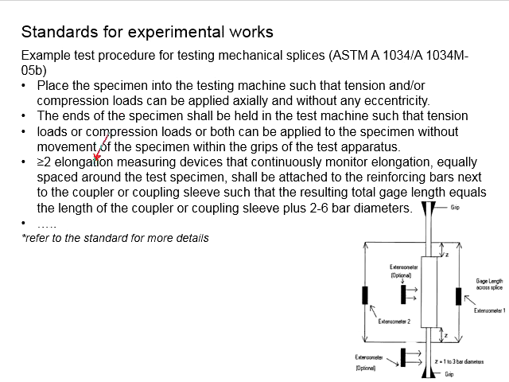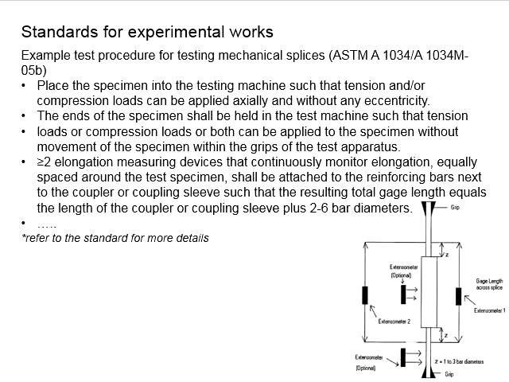Then you need to put more than 2 elongation measuring devices that continuously monitor the elongations, equally spaced around the test specimen. That means there will be 2 elongation measuring devices placed at predefined locations, equally spaced from the end of the coupler.